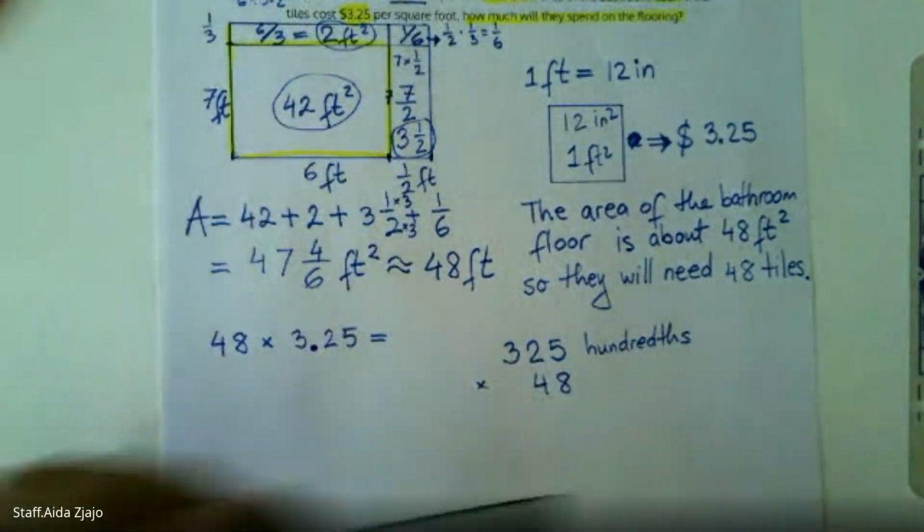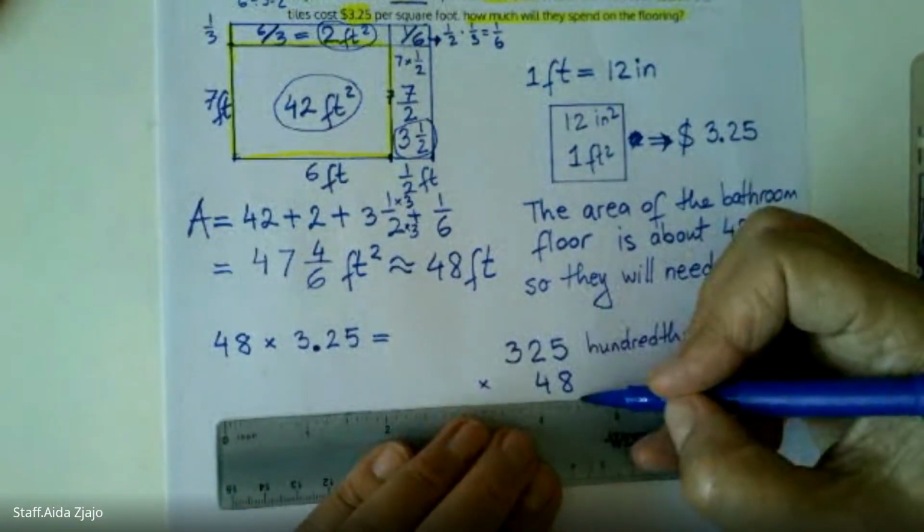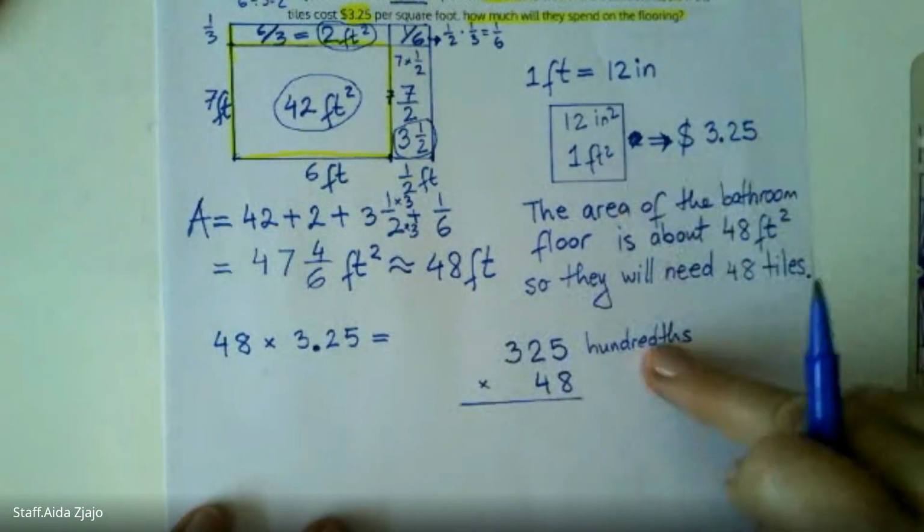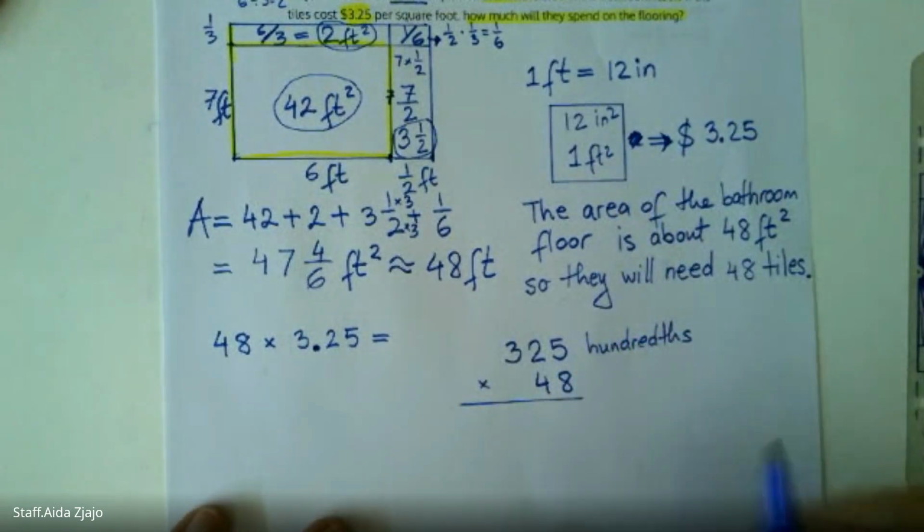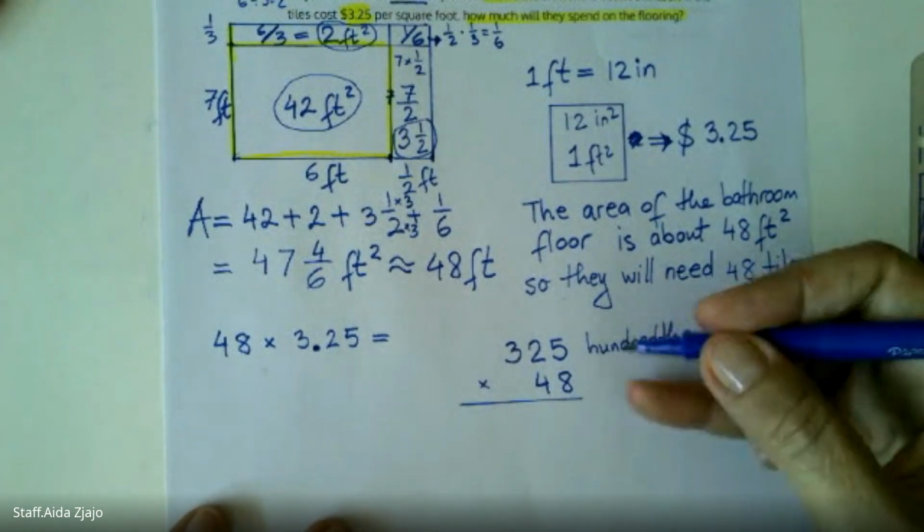I'm going to multiply without the decimal, and change these hundredths into whole dollars after multiplication.